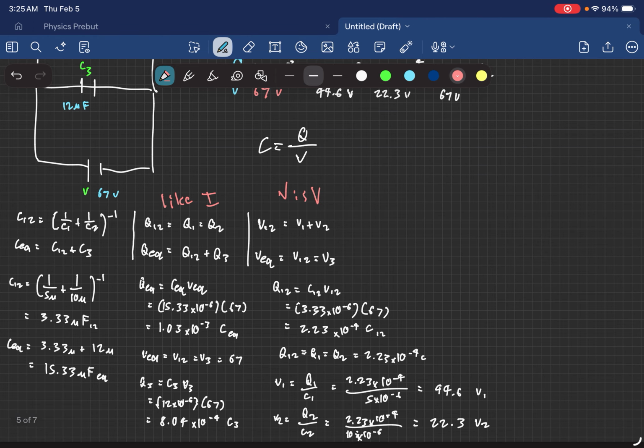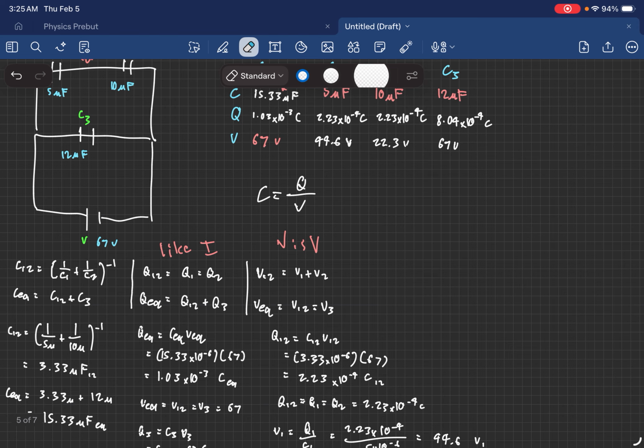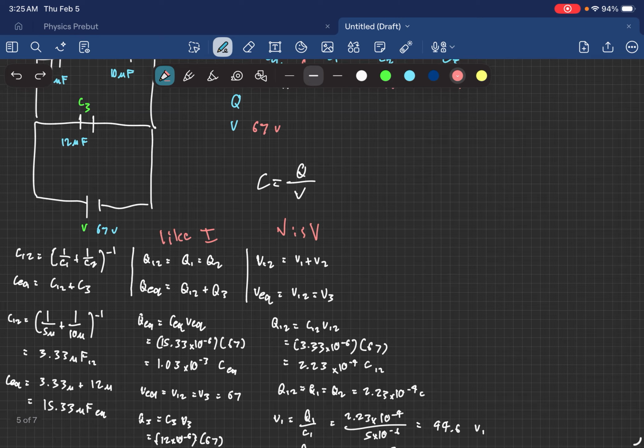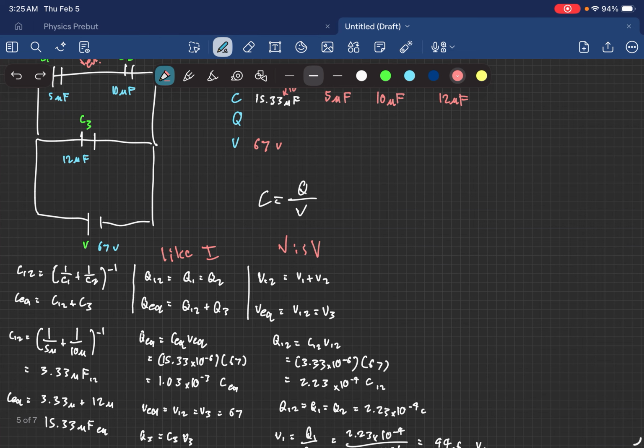Next. Remember, if you have two values in a column, you can get the third one. So we have here our CEQ and VEQ. We can get our QEQ.